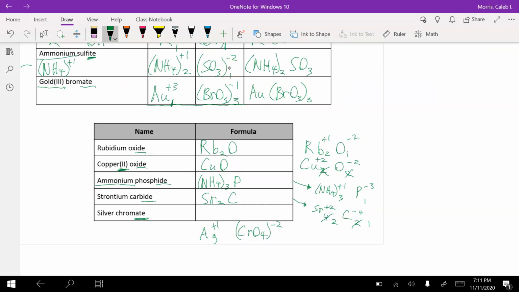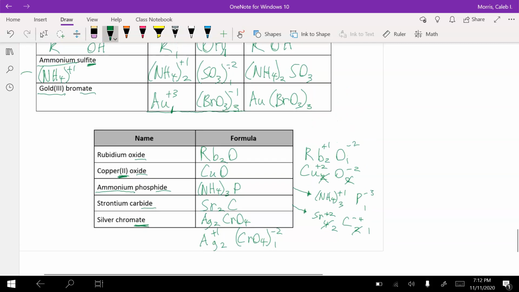Crisscross, we end up with the 2 going to silver and the 1 going to chromate. So Ag2CrO4. With or without parentheses, as long as you don't have more than one polyatomic ion.